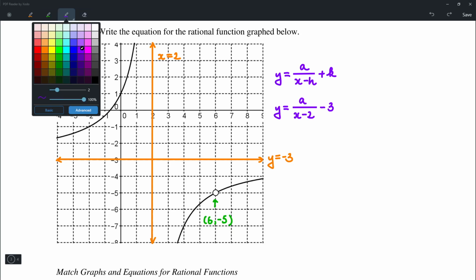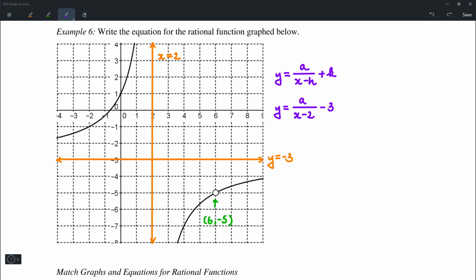So to find a, we're going to use the point of discontinuity and substitute it directly into the function as it is right now. And then we can solve for a.